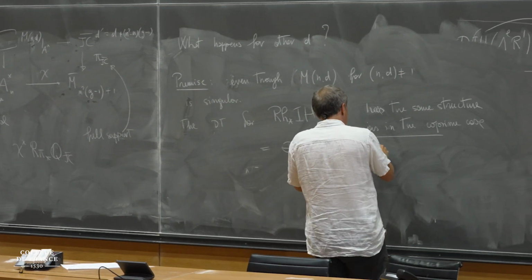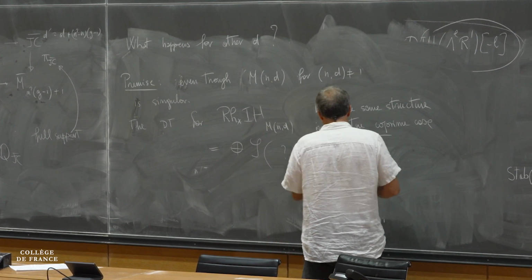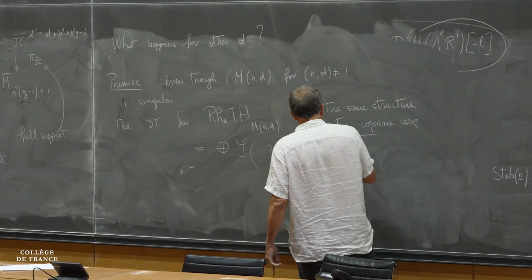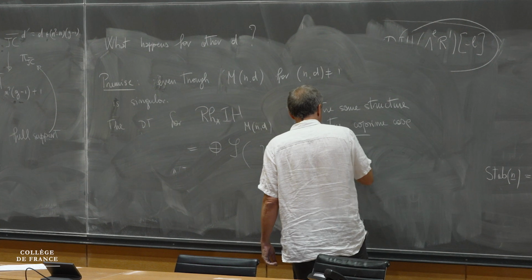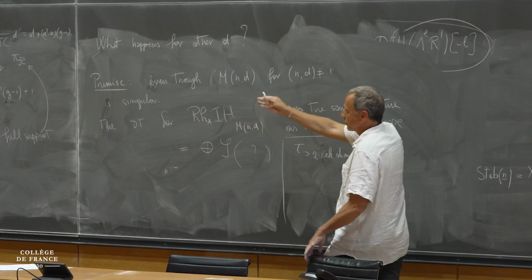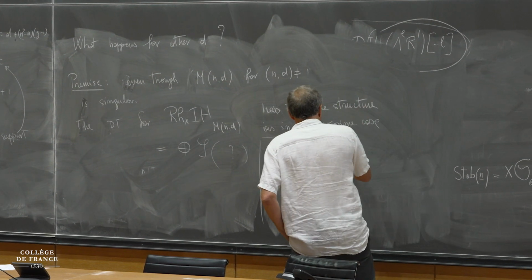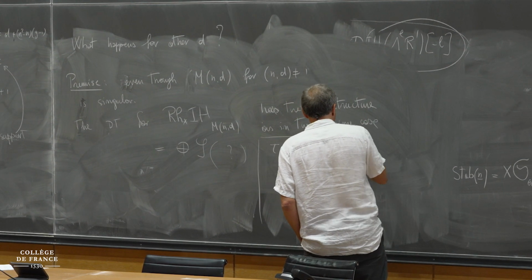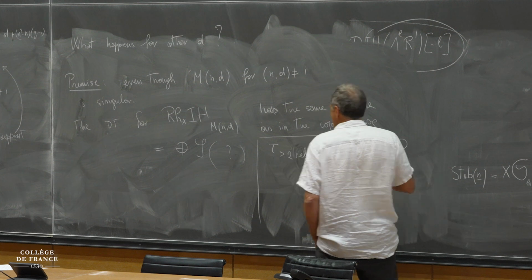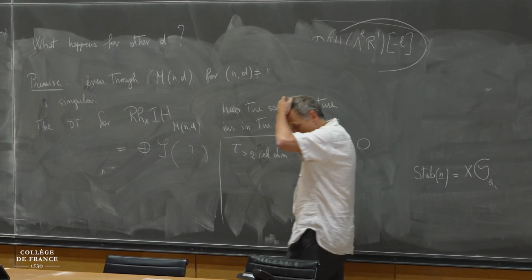So the first fact is that the standard truncation in degree bigger than twice the relative dimension, so dimension of M minus dimension of the base, of this guy is 0. This has to be checked by a computation.